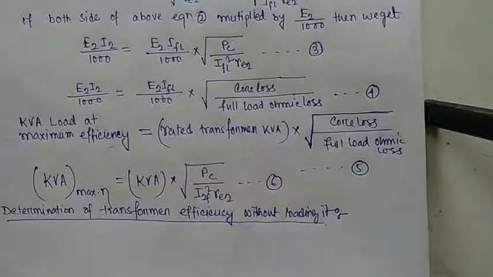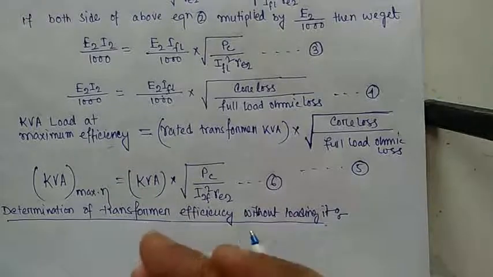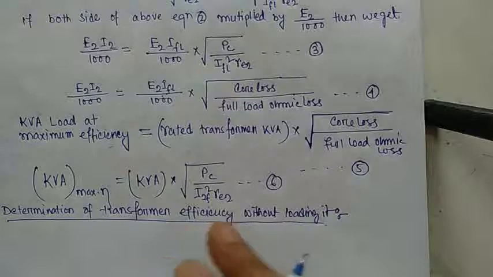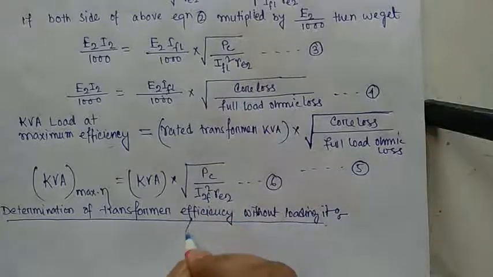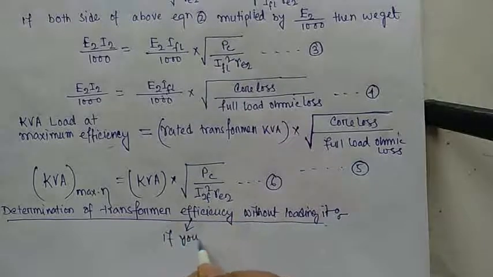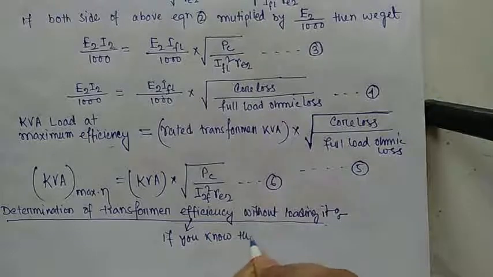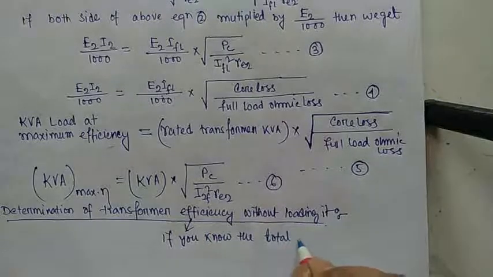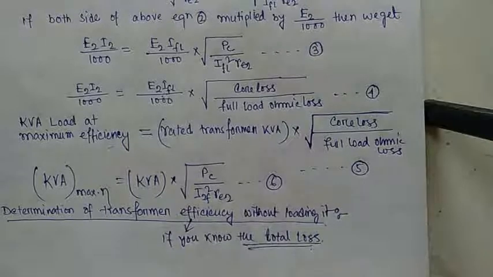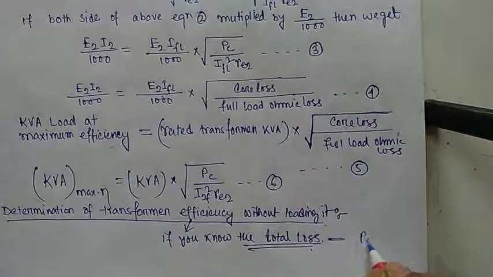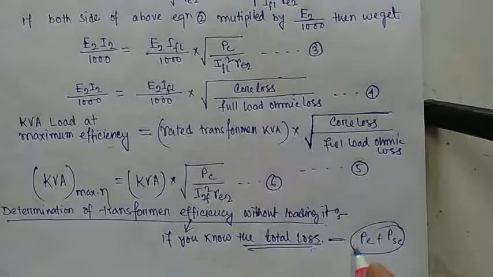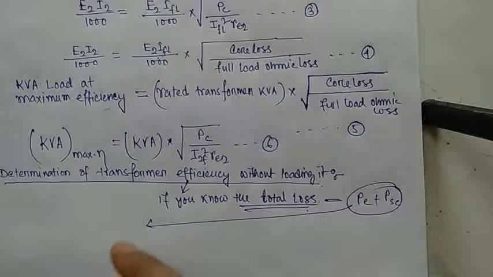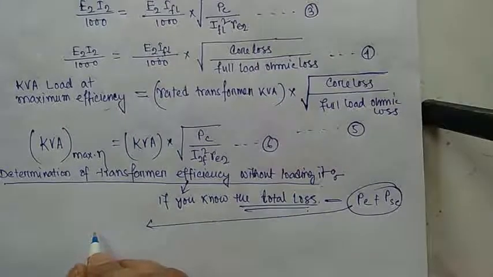As we know, the transformer efficiency is calculated if you know the total loss. Total loss means here the core loss and the copper loss. Now core loss and copper loss can be determined by the open circuit test and short circuit test.